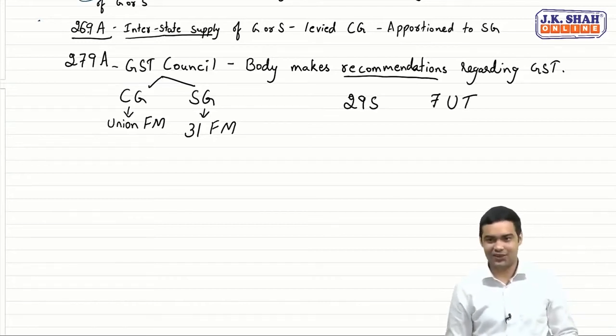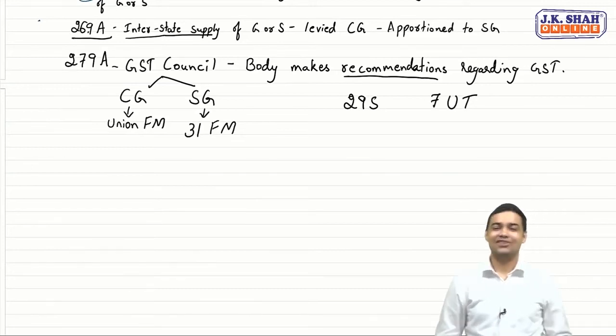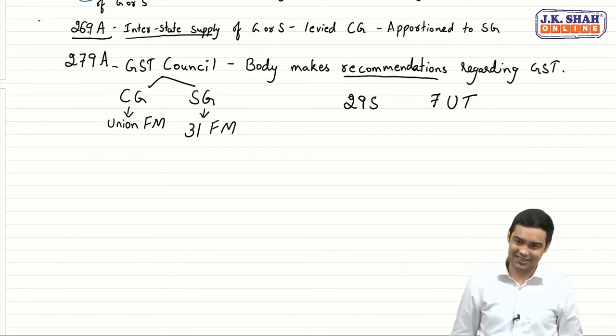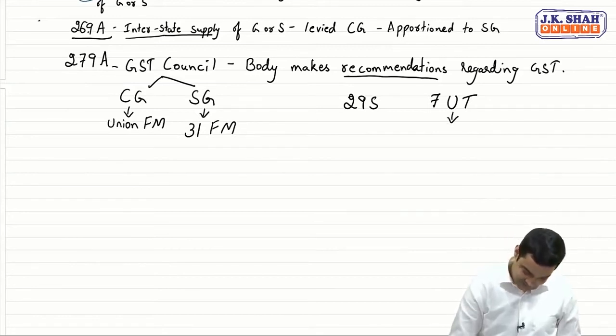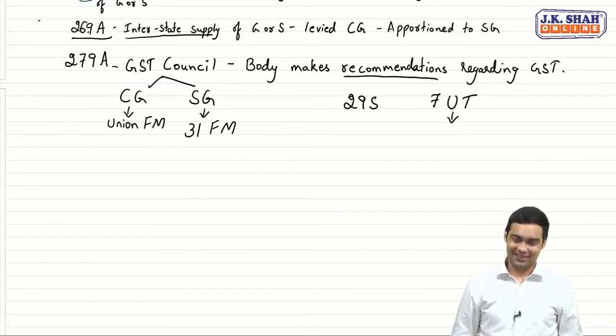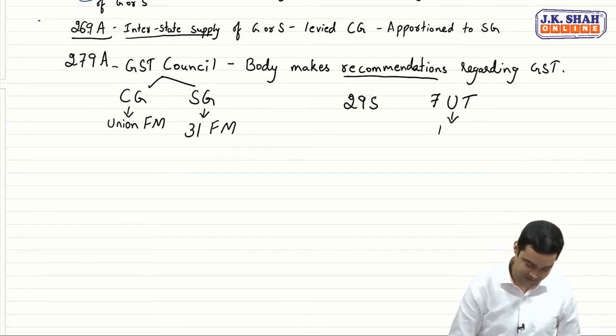I'll obviously not list down all the names of 29 states, but let's list down the names of union territories. Can you tell me what are the union territories which are there in India? I'm getting some answers.